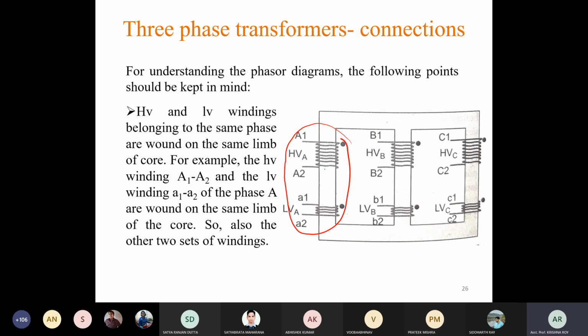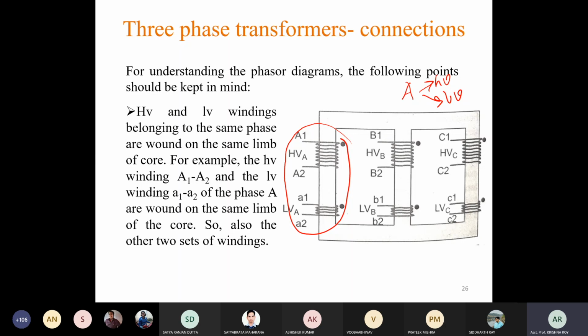Suppose this is phase A or R. So the R phase or A phase high voltage winding as well as low voltage winding will be wound over the same limb or leg of the core. In this diagram, though we are showing the two windings separately, in an actual transformer you have to place the low voltage winding nearer to the core, then over that low voltage winding you have to place the high voltage winding.